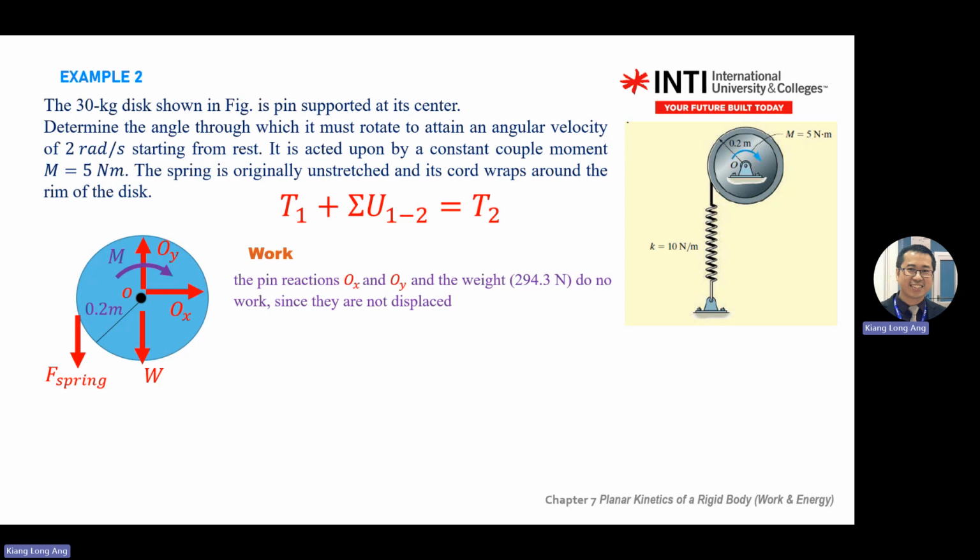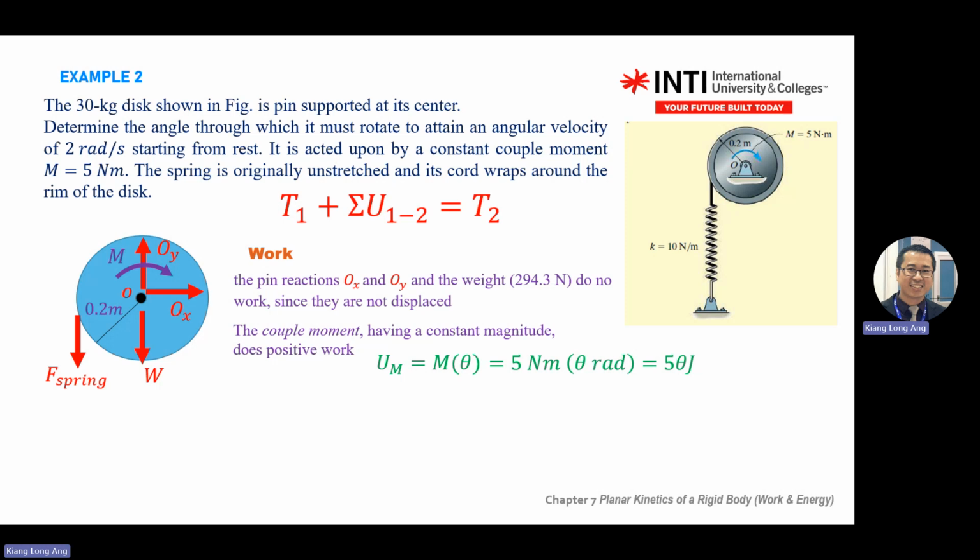You don't write, means no marks. It's a free mark, a bonus mark. If in here, you must write on the work: pin does not do work. Forces on the pin, O_X, O_Y, do not do work. This is worth 1 to 2 marks.